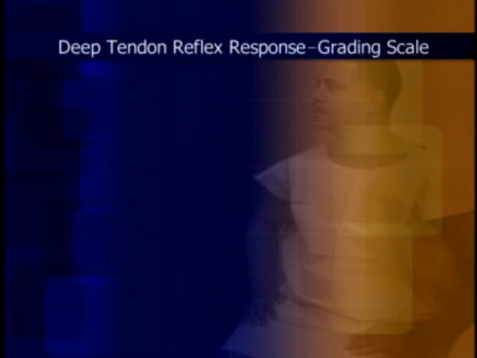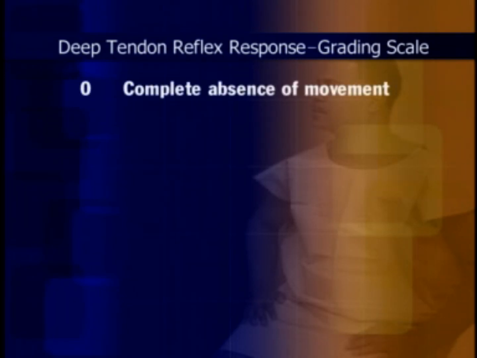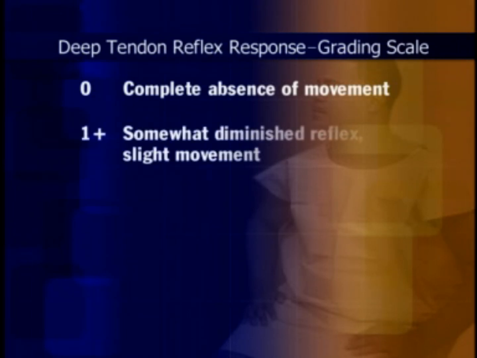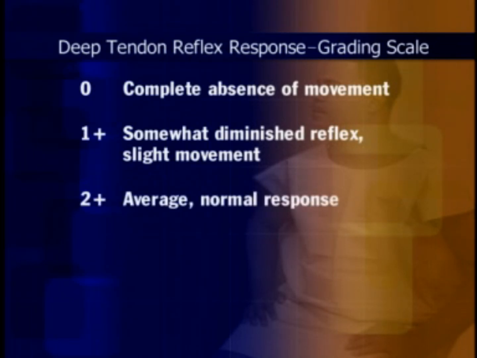When assessing deep tendon reflexes, grade them on a scale from 0 to 4 plus. A grade of 0 reflects the complete absence of movement. 1 plus indicates a somewhat diminished reflex that shows movement only with reinforcement. A 2 plus reflex shows greater movement than 1 plus and is an average normal response.